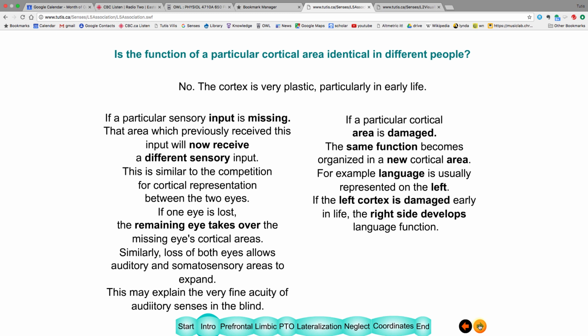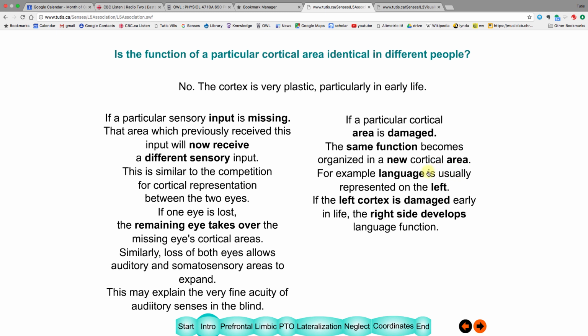But similarly, each one of us has slightly different combinations of sensory modalities that one's exposed to early in life. And so as a consequence, you'll develop slightly different connections. And then if a particular area is damaged, that is, it loses its function, another area will take over.